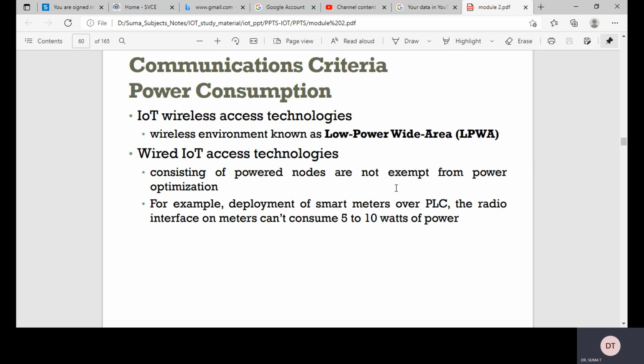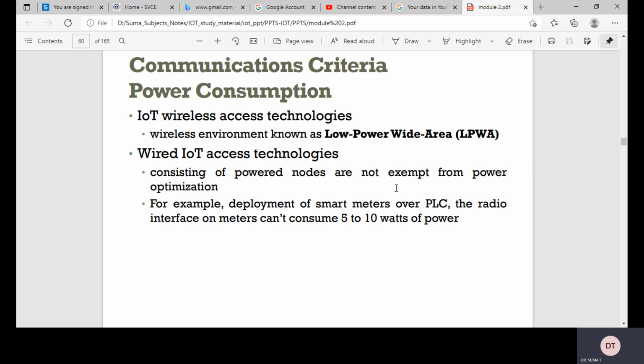Their batteries can be changed or the devices replaced when the street gets resurfaced. For devices under regular maintenance, a battery life of around 2 to 3 years is an option. IoT wireless access technologies must address the needs of low power consumption and connectivity with battery powered nodes.